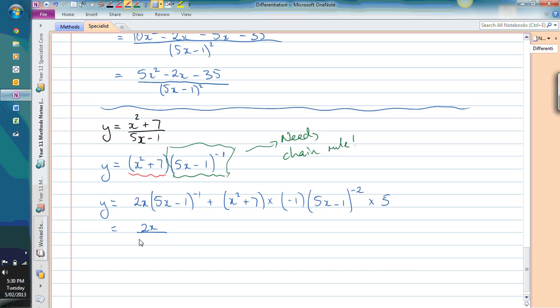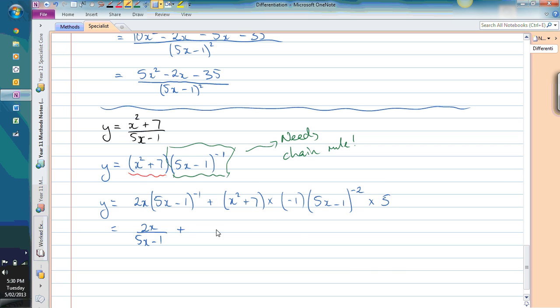I'm going to write this as 2x over 5x minus 1, because the negative index indicates that it's on the bottom of the fraction, it's in the denominator. Plus, looking at this here, I've got three parts that are going to end up on the top of the fraction. I've got my 5, I've got my negative 1, and I've got my x squared plus 7. They're going to be in the numerator.